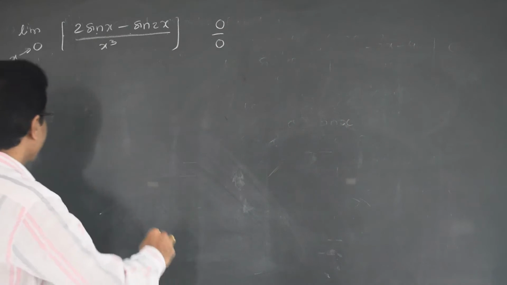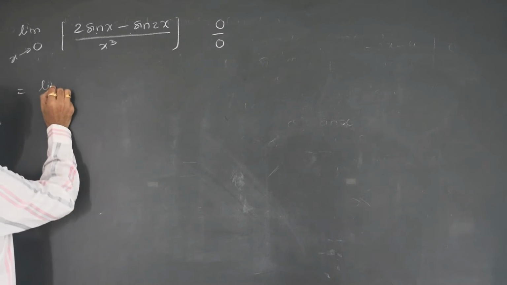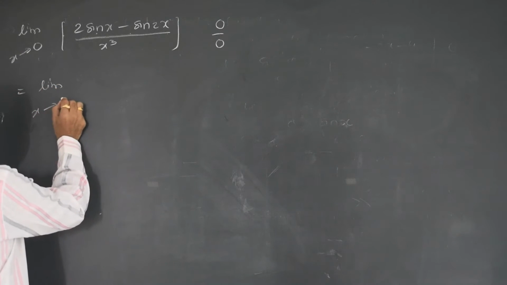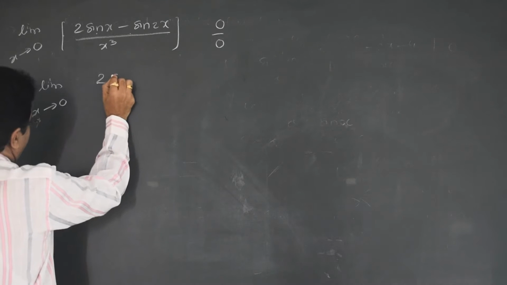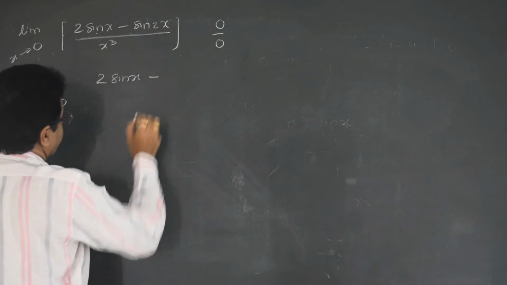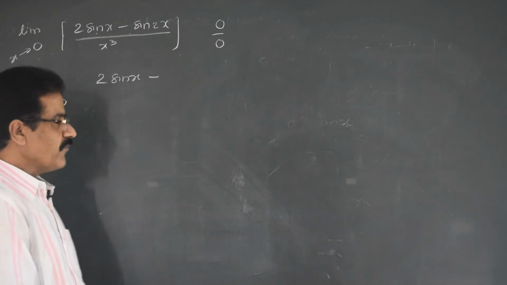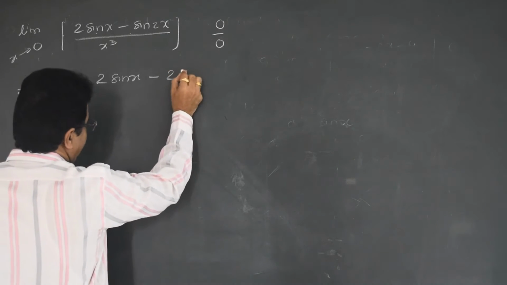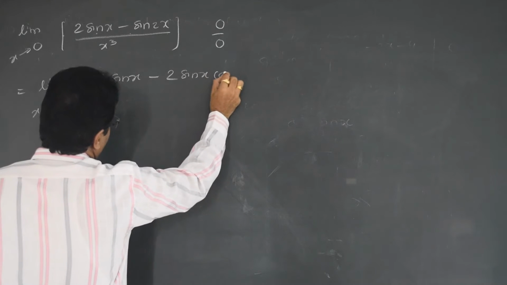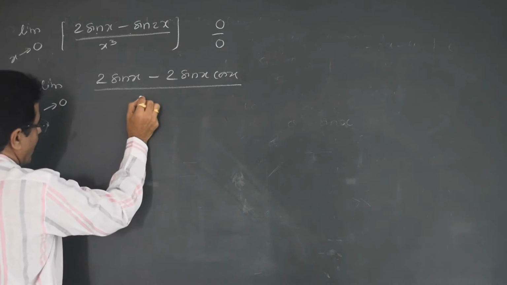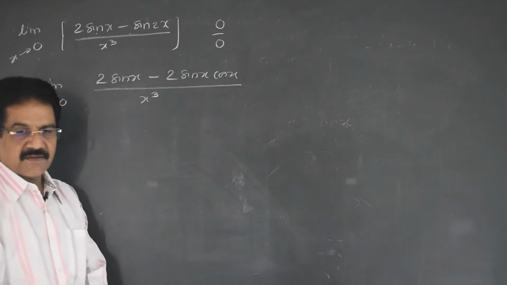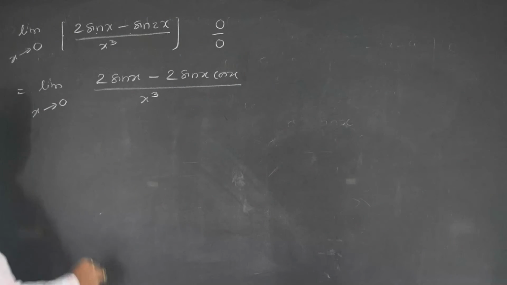So what kind of adjustment do you have to do here? This is a purely trigonometry example. So here we can write down 2 sin x as it is, and now we can see second term, it is sin of 2x. So sin of 2x can be expanded as 2 sin x into cos of x, whole upon x cube as it is. And now we are going to simplify the term.